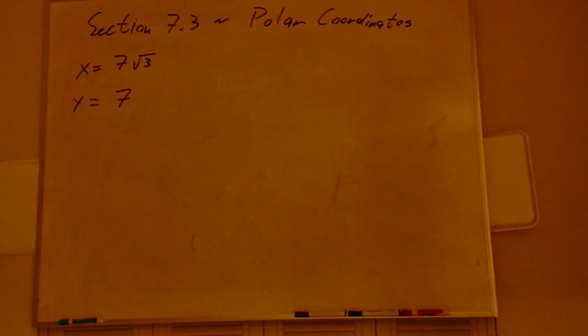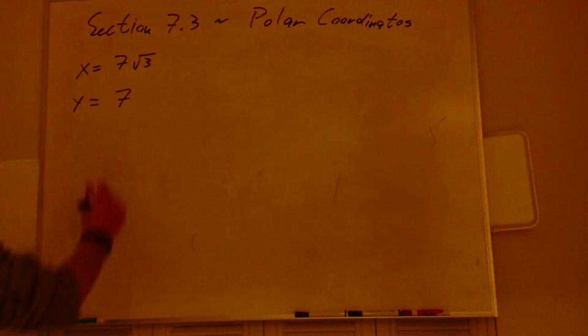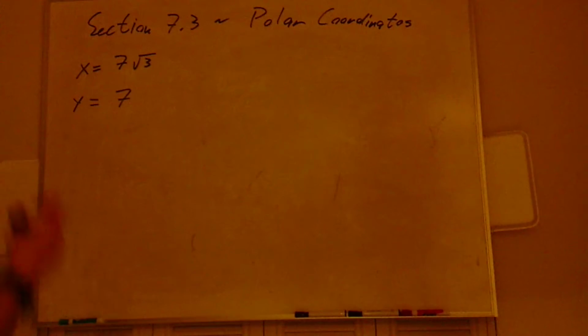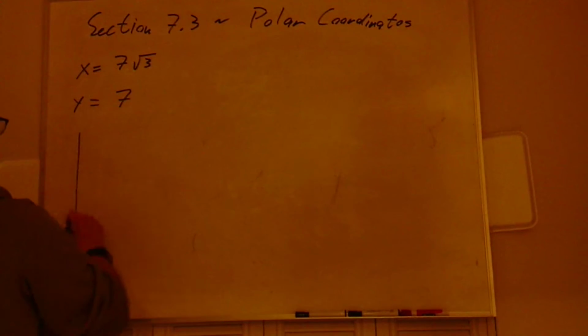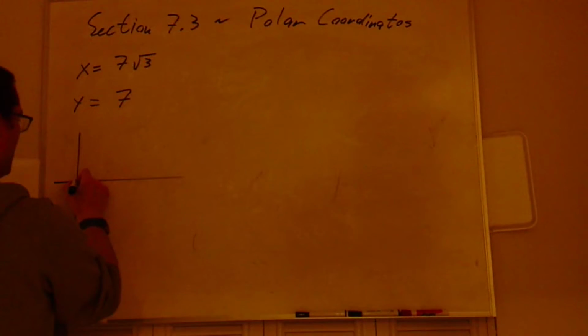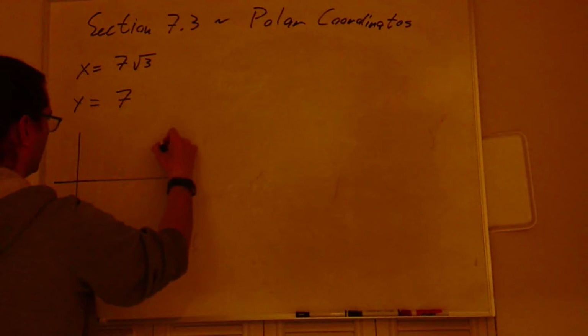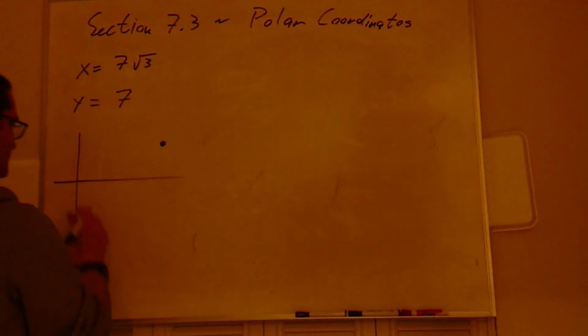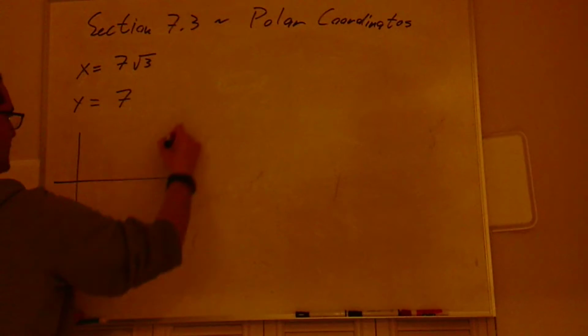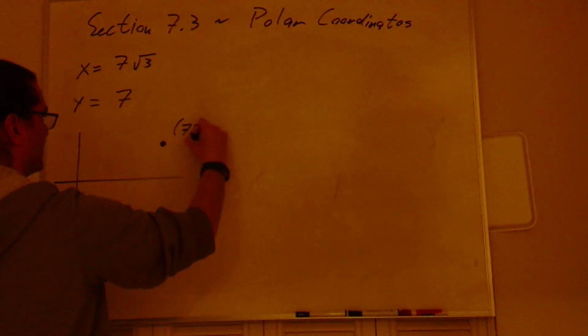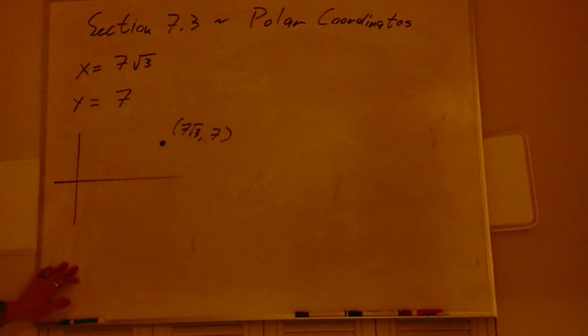This will be a good one. So 7 square roots of 3 is probably 15 or 16-ish, and y is just 7. So we're looking at a point that's out here-ish. Bigger x value than a y value. It's right there, approximately.